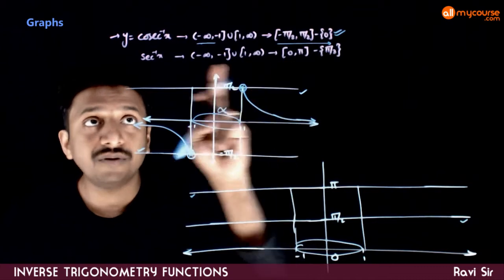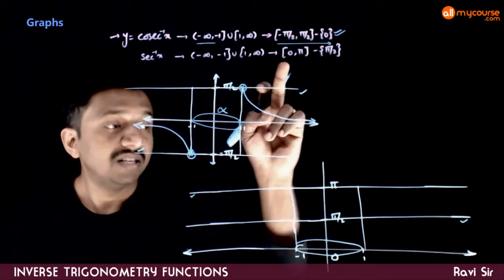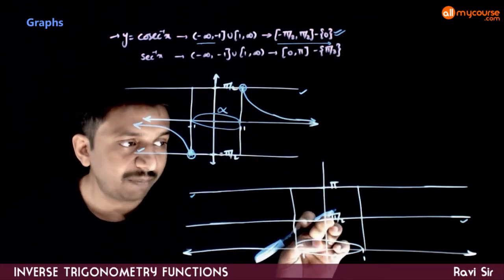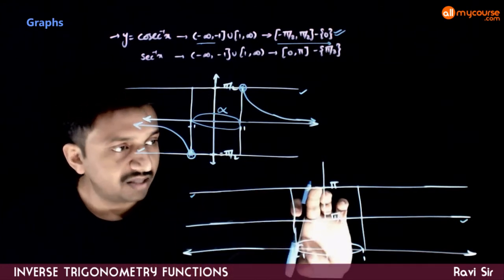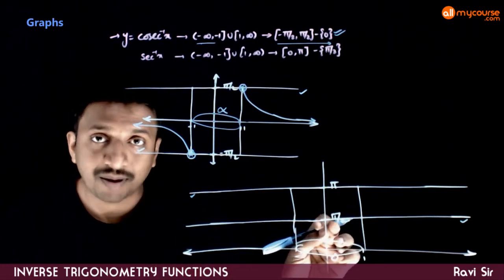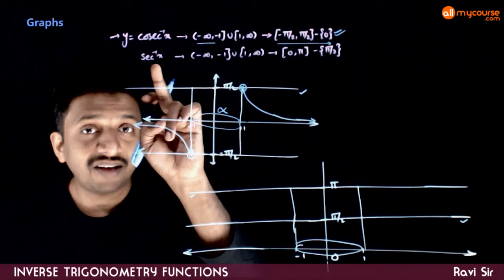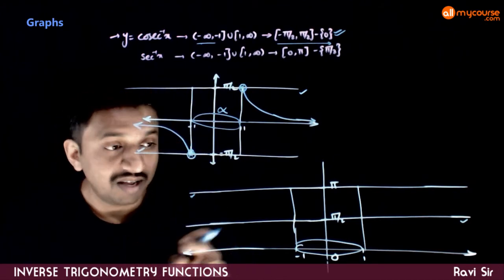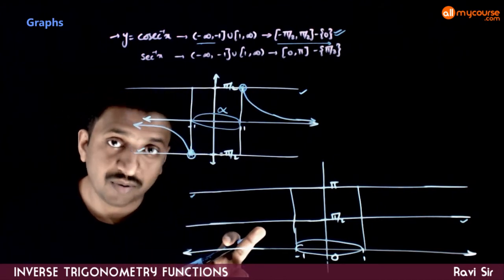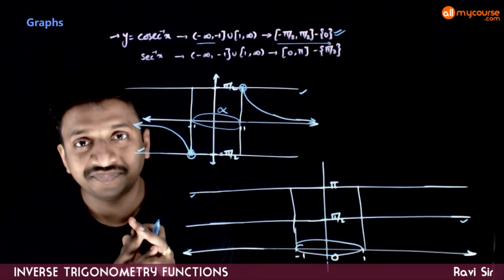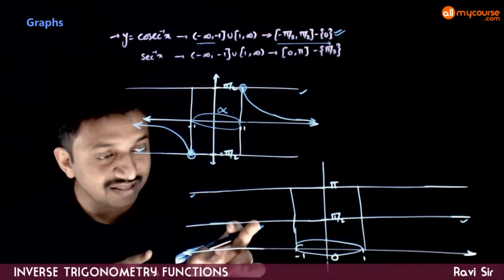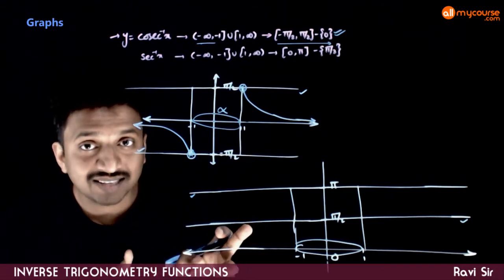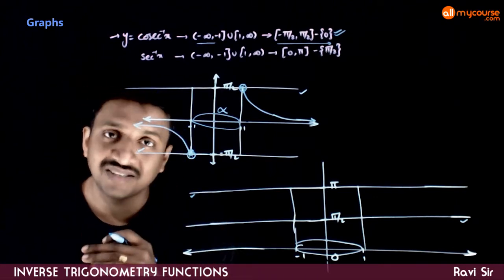Now what is the range of secant inverse x? 0 to pi except pi by 2. That means the graph of secant inverse x meets y is equal to pi by 2 asymptotically. So this is the line which is an asymptote to secant inverse x.